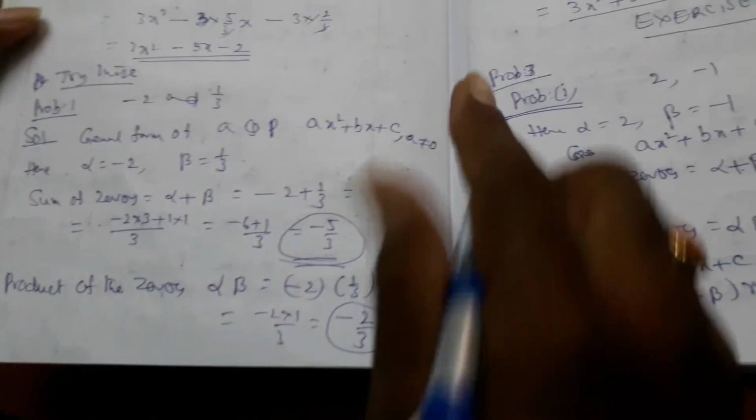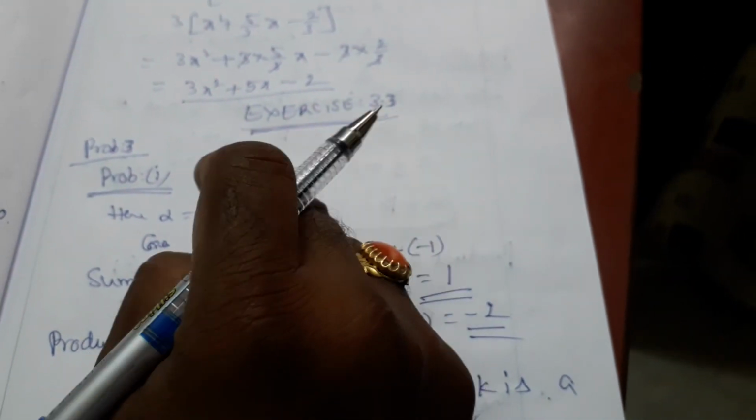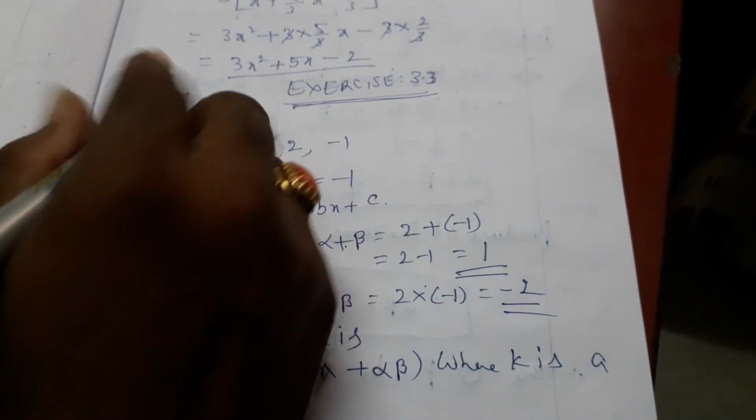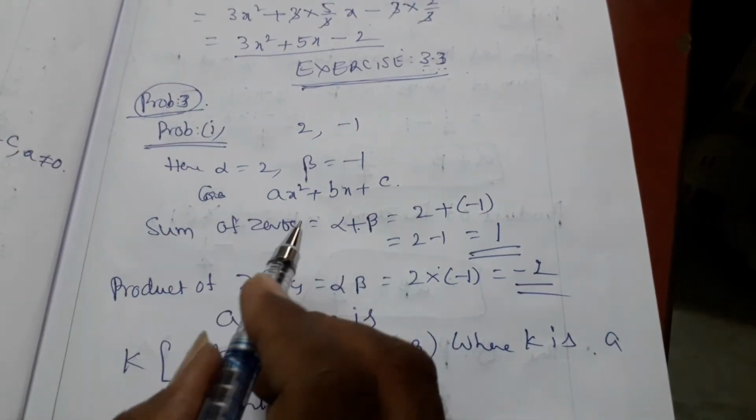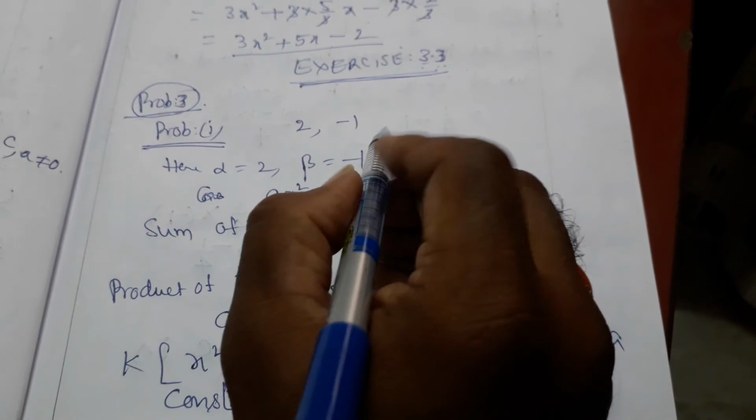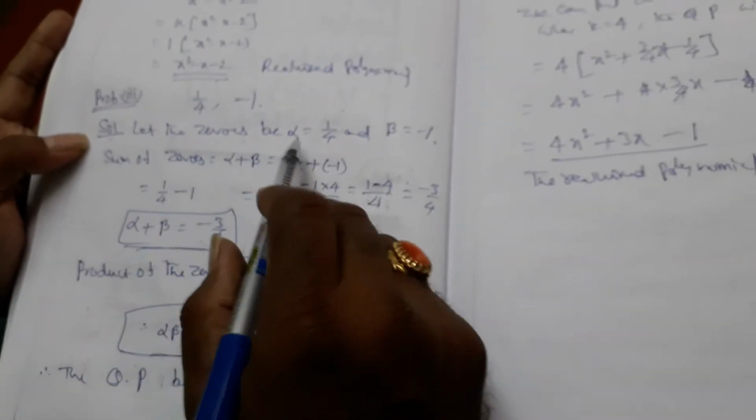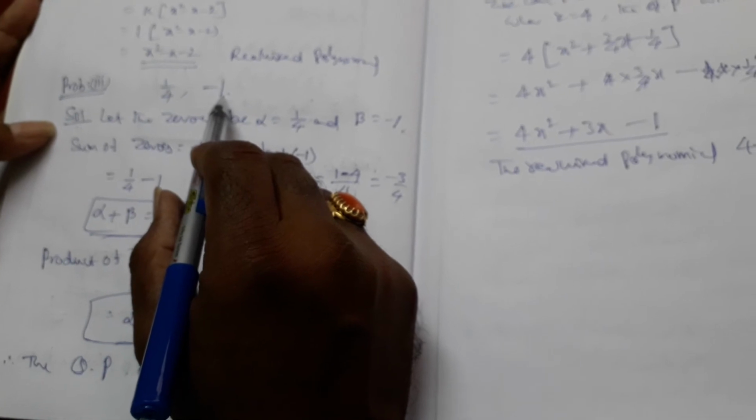Regarding exercise problems, exercise 3.3 is concerned with our topic. Under this problem from exercise 3.3, 4 Romans are here. Roman 1 I solved and Roman 2 is HW. Again Roman 3 solved by me, that is alpha is equal to 1 by 4 and beta is equal to minus 1. Roman 4 is HW.